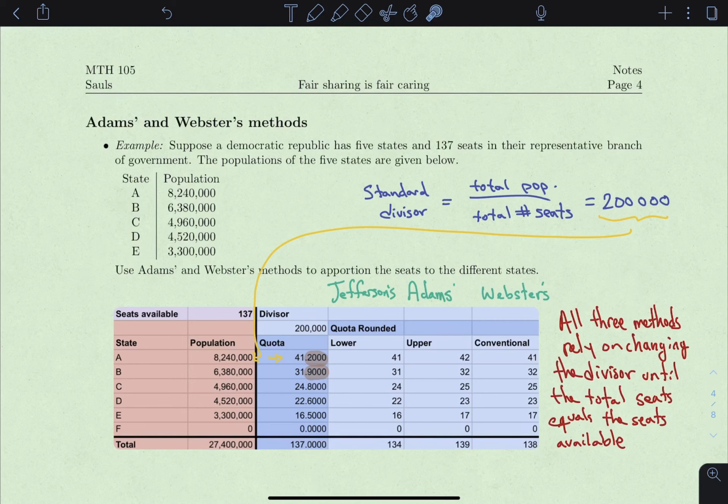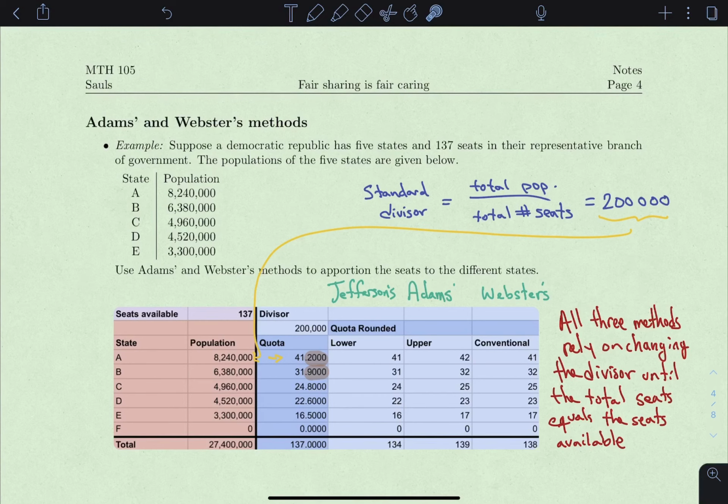One way to think about this is if each representative was representing 200,000 people, then we would need 139 seats in order to satisfy these 5 states with their corresponding populations. But since we have only 137 seats, we need each representative to do more work. We need to increase the divisor in order to decrease the number of seats allotted.